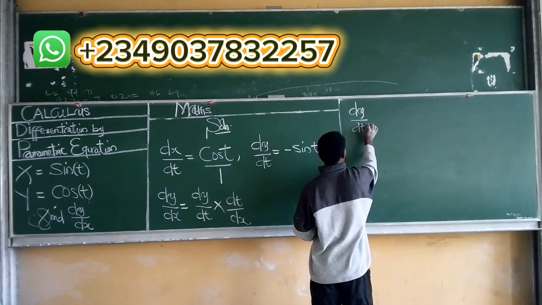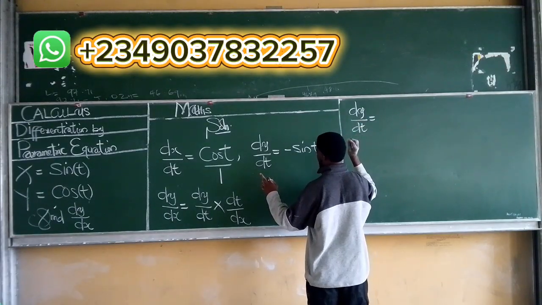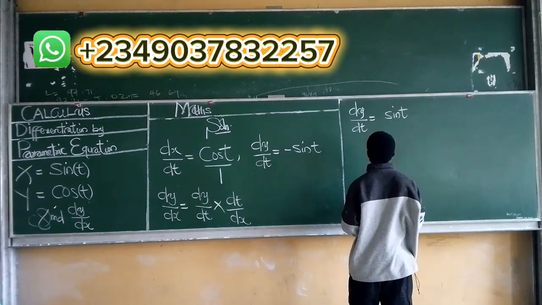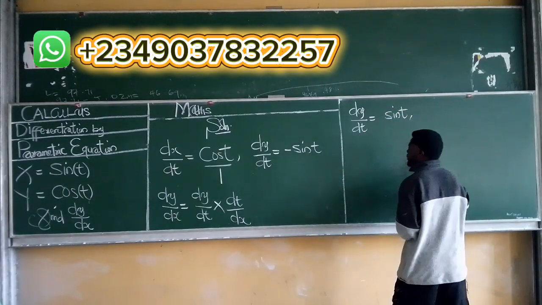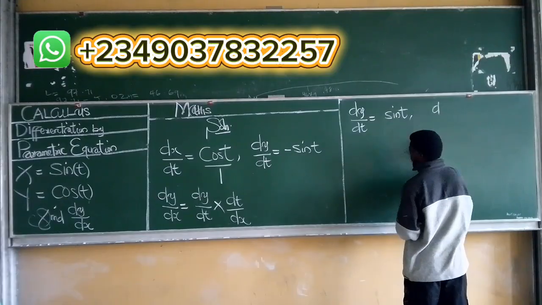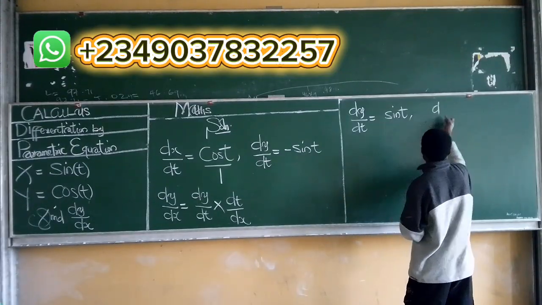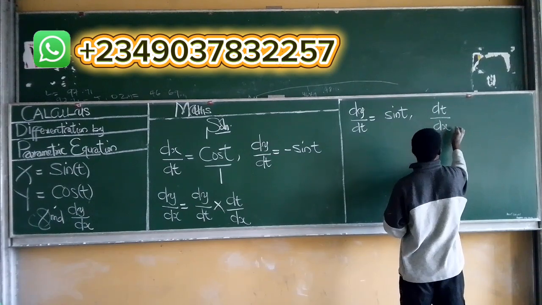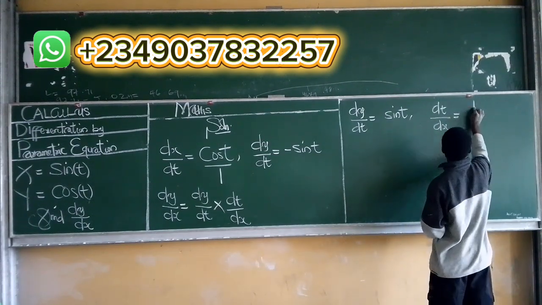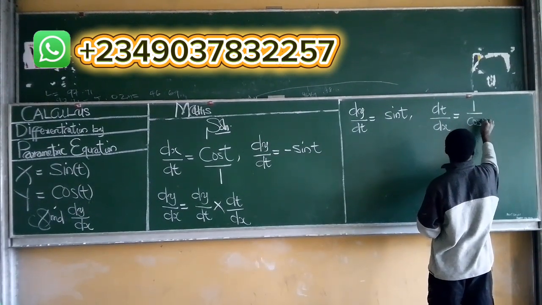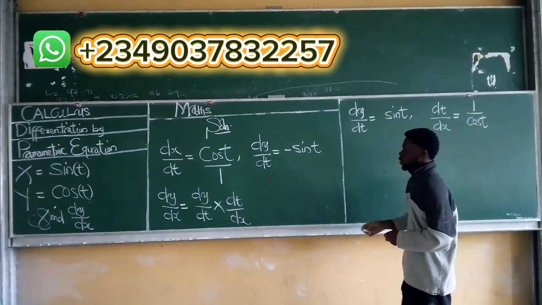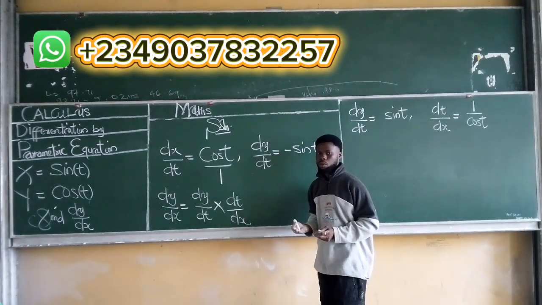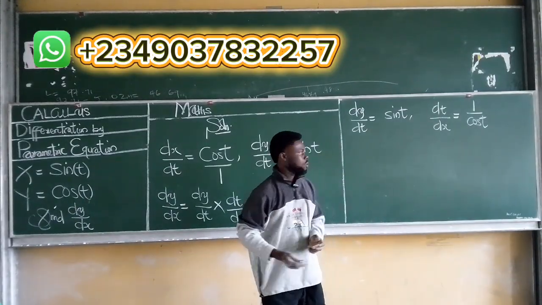dy over dt on the board is sine t, and from the formula, dt over dx is given as 1 over cos t. Now, what will be dy over dx?